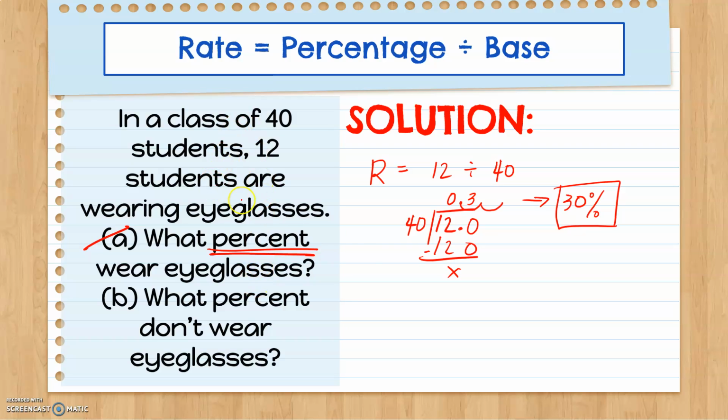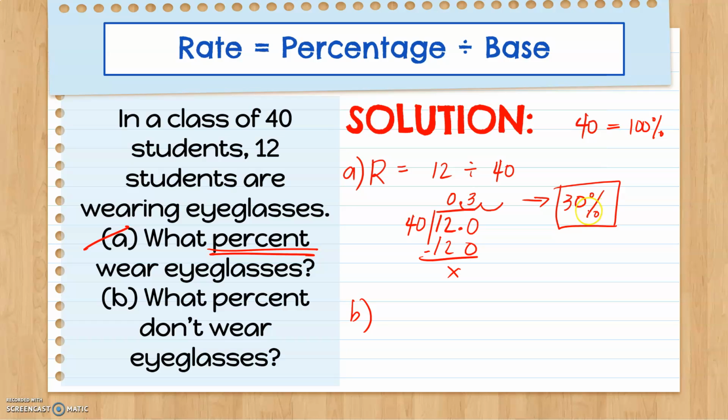Now to find the percent of students that do not wear eyeglasses, let us take note that the whole is always equal to 100%, meaning to say 40 students is considered our 100%.